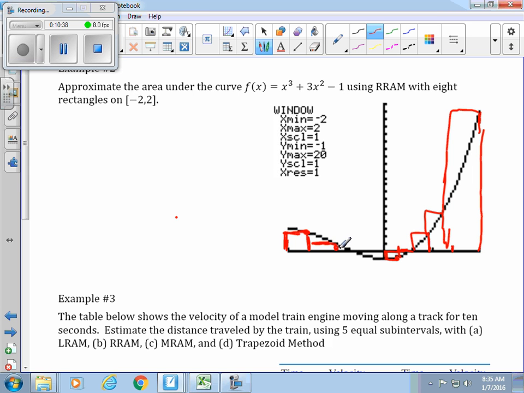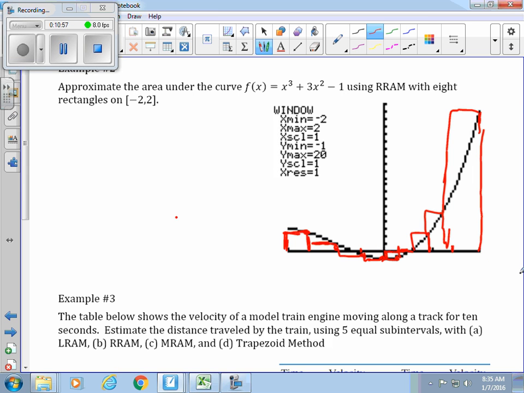I didn't go far enough over, did I? No, I did. That was the one tick mark. And then somewhere in here, I think that rectangle's below. And this one is definitely below.